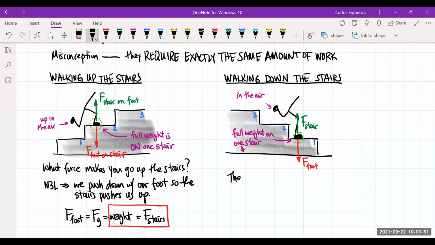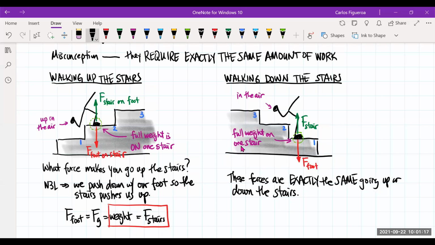These forces are exactly the same going up or down the stairs. So again, when I look at the weight that you put on that one stair, the force of the stairs has to be the same.